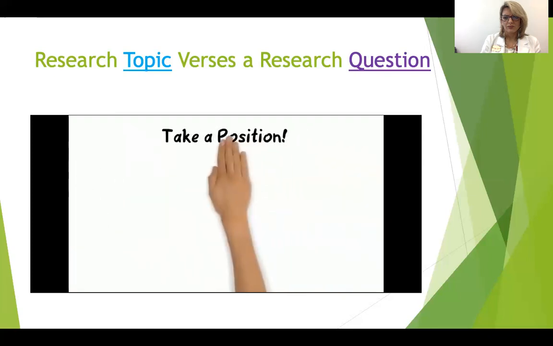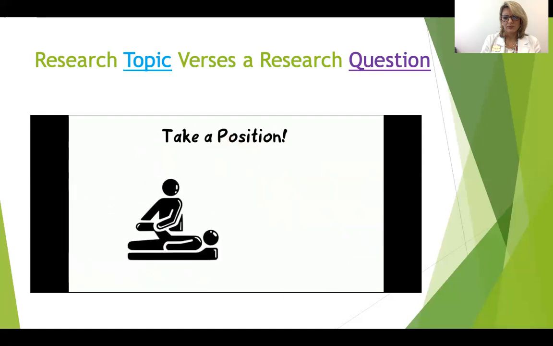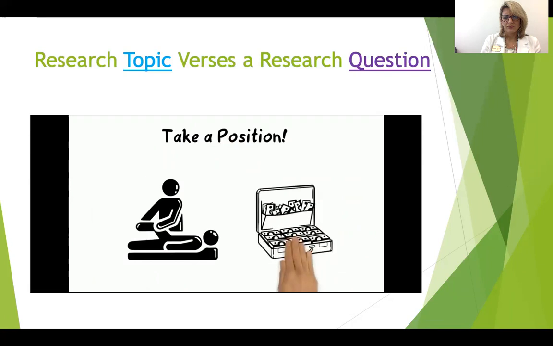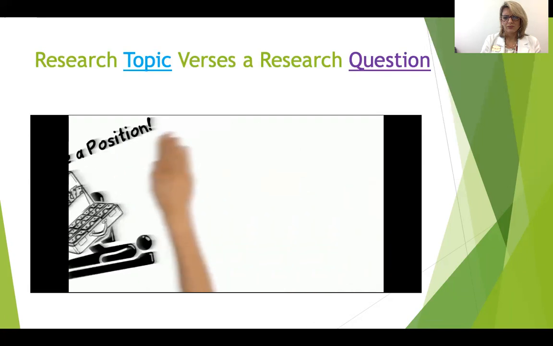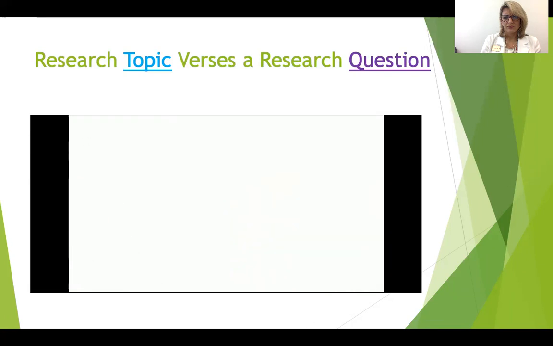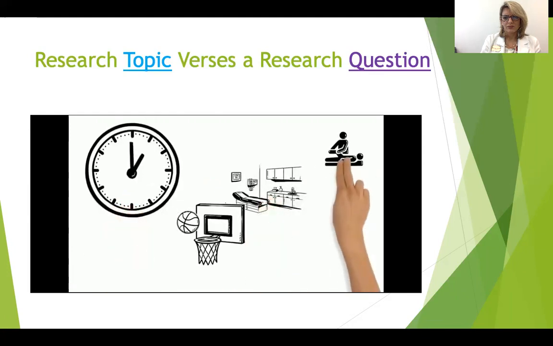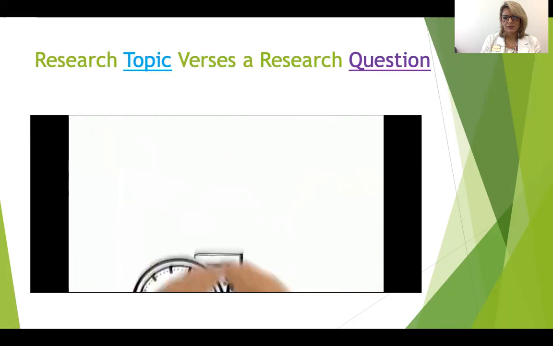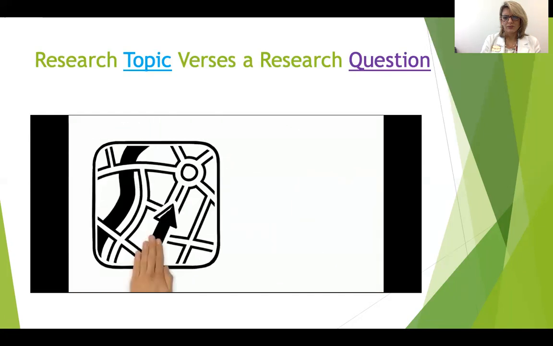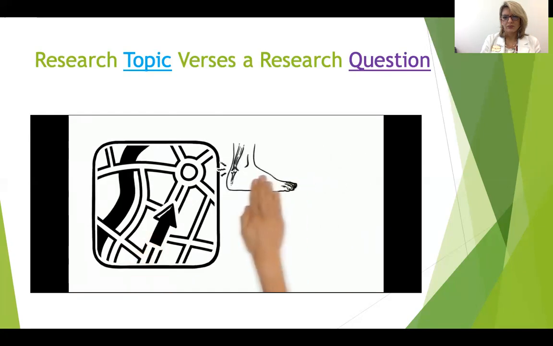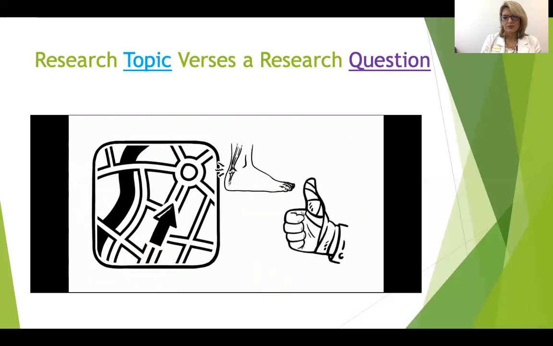They often take a position like are athletic trainers more likely to implement an injury prevention program if they are provided with injury reduction bonuses? They are often subjective. For example, does one's work setting affect time spent on injury prevention? Finally, RQs give direction to research such as does injury prevention improve patient satisfaction?